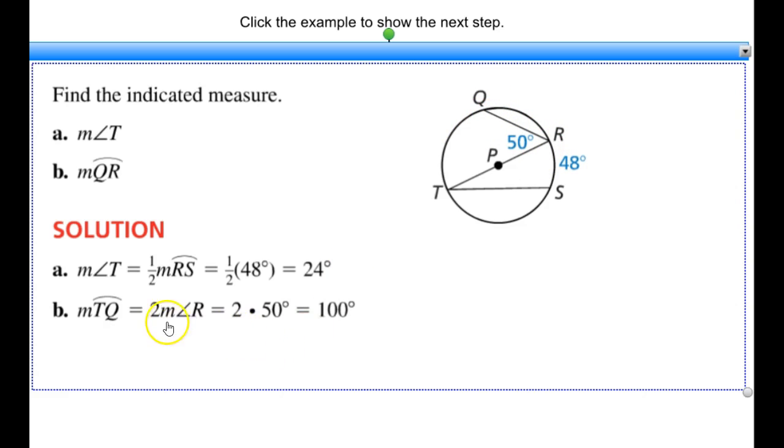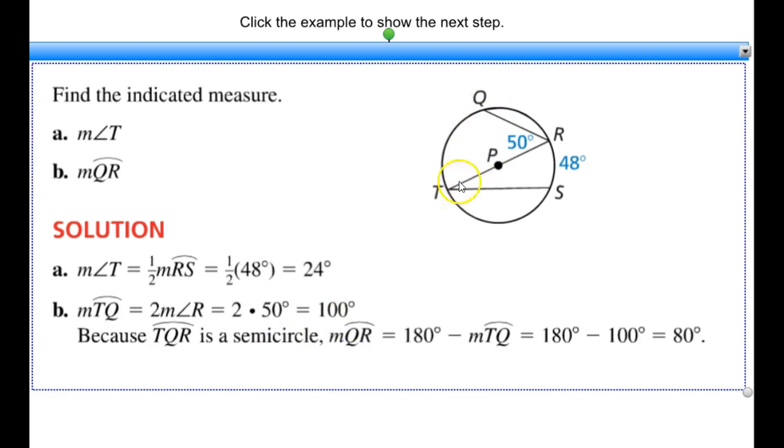Okay, so first we have to find a couple of other things, right? First I have to find arc TQ, because I know this angle is 50, and I know that the arc is twice the size of the angle, or the angle is half the size of the arc. So if I know this angle is 50 degrees, I know TQ is 100 degrees.